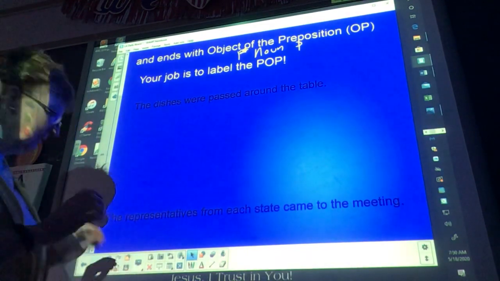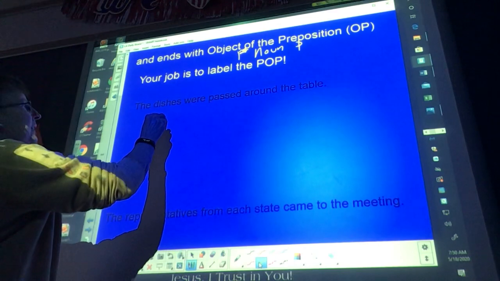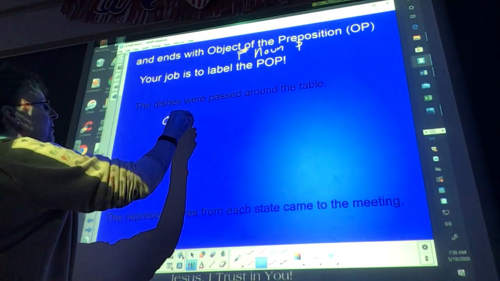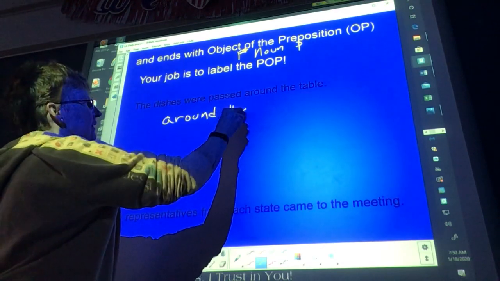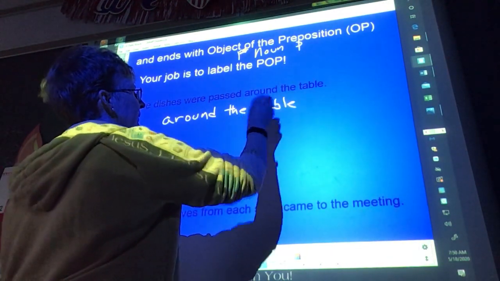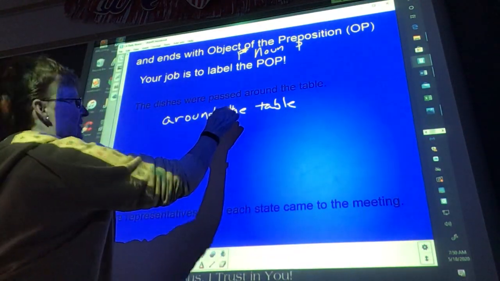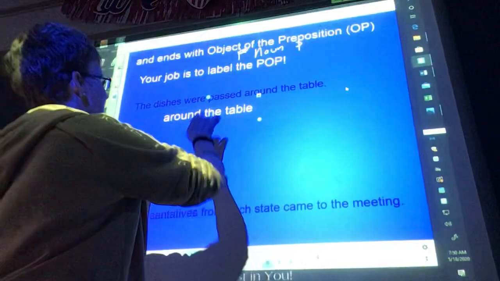So I'm going to write the whole prepositional phrase, which would be around the table. Just so that this looks nice and neat, I'm going to have it recognize around the table. Great.